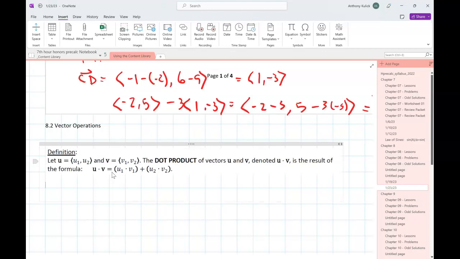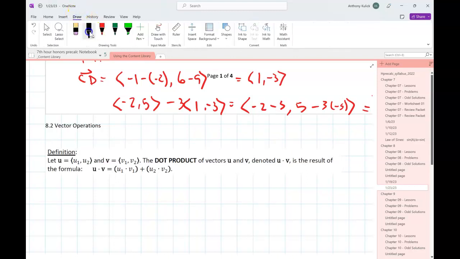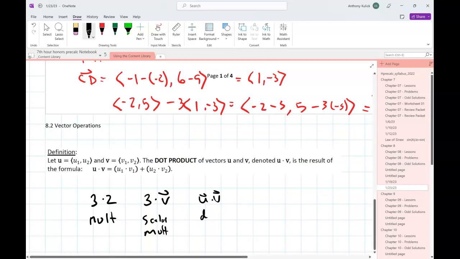Now, keep in mind that this notation is a bit confusing, because if I have like 3 times 2, we mean multiplication. If I have 3 times vector v, we're talking about scalar multiplication. And if I have u dot v, we're now talking about dot product.